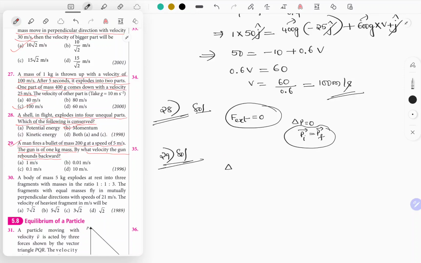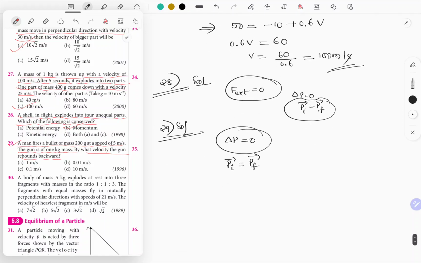So change in momentum is equal to 0 again, because F external is equal to 0. It is happening because of internal forces. Initial momentum is equal to final momentum. Initially the bullet and gun system is at 0 velocity, so initial momentum is equal to 0.